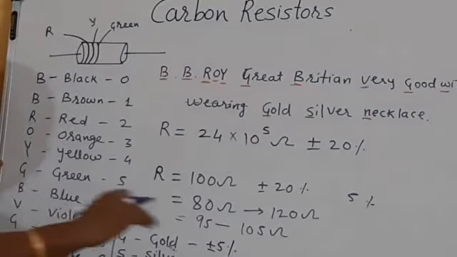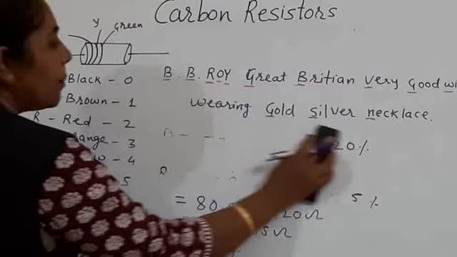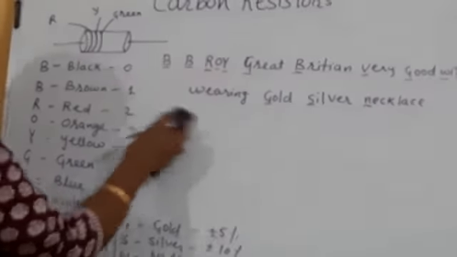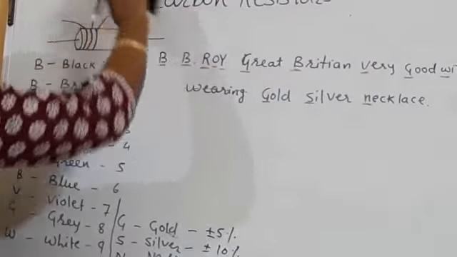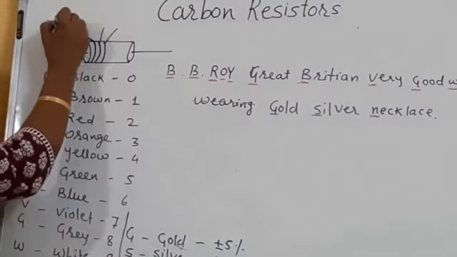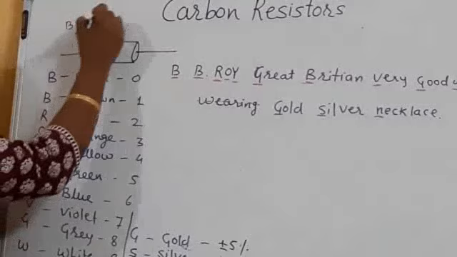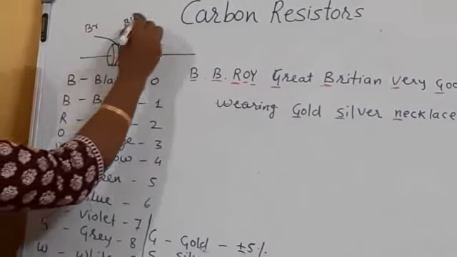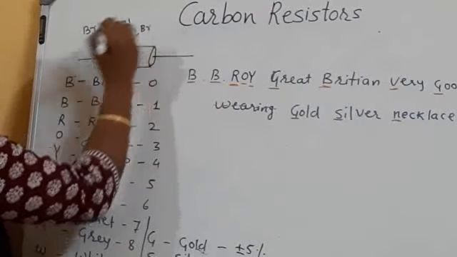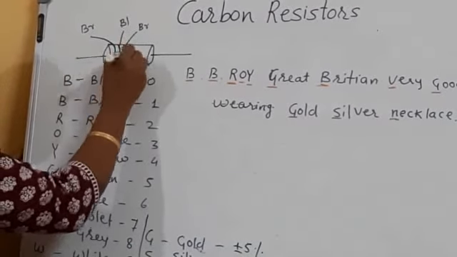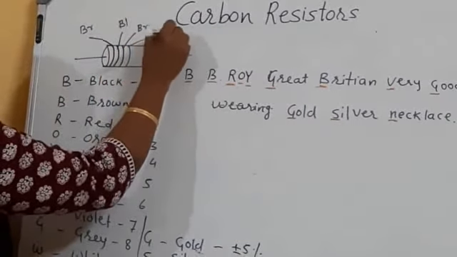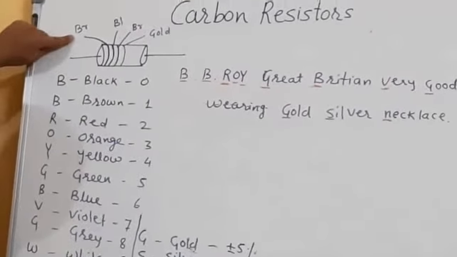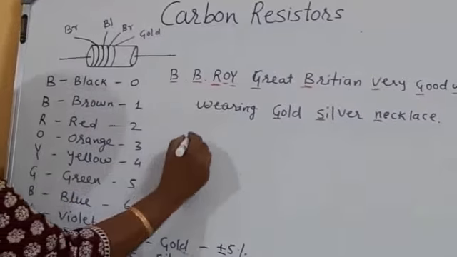Okay, so now we will take one more example. Suppose the color coding in this carbon resistance is brown, black, and again brown. And next one we will take gold. Now the first ring represents the tens digit, so brown stands for 1, so it is 1.